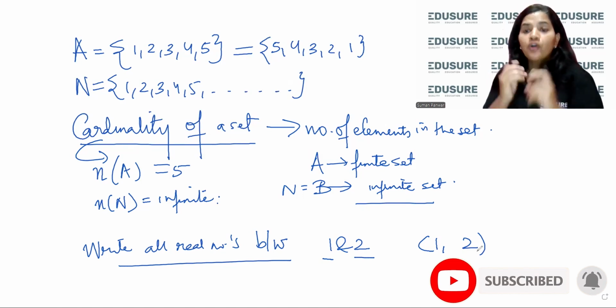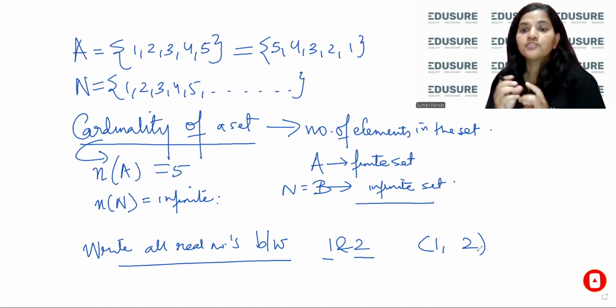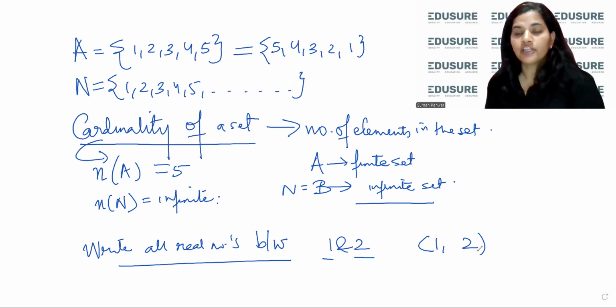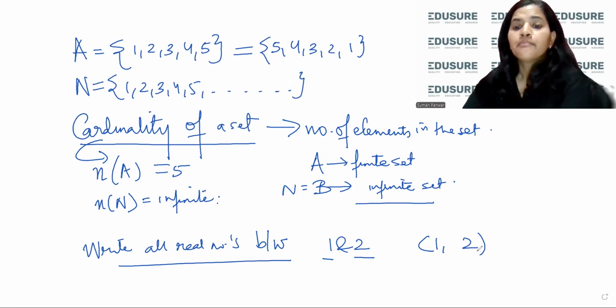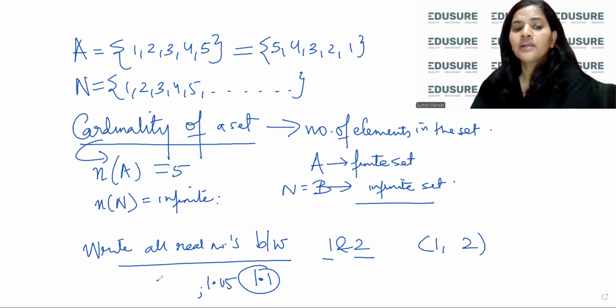Why? Because of the well ordering properties of real numbers. What do you mean by well ordering property? Or because of the density of real numbers. Because if you say, okay, let me choose 1.1 after 1, somebody will say 1.05. Somebody will come up with a smaller number. Somebody will again come with this.